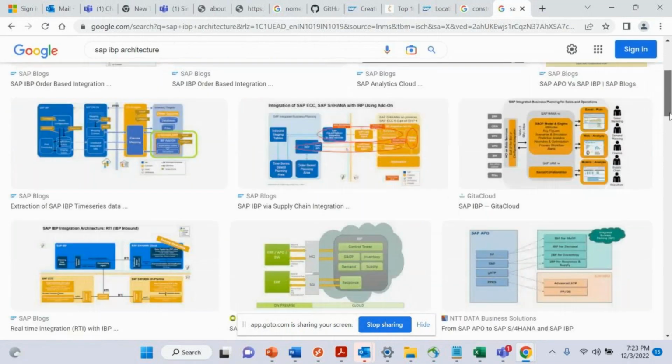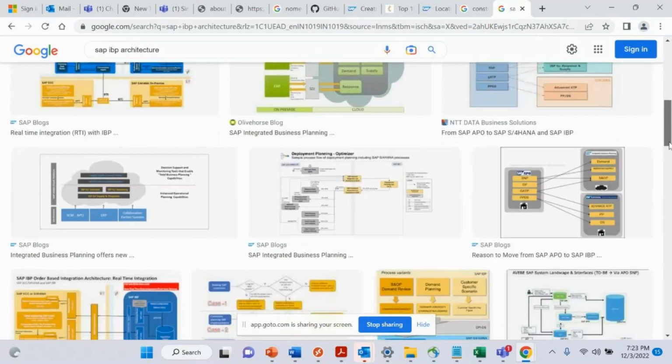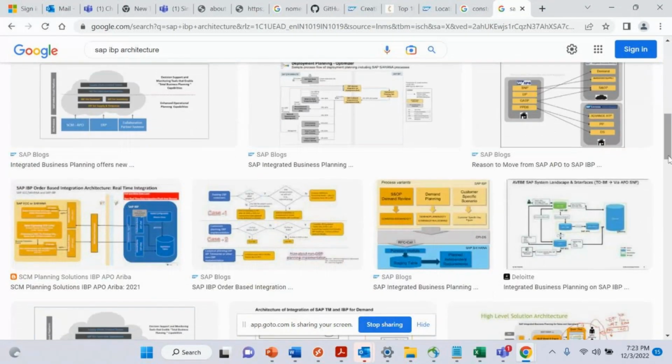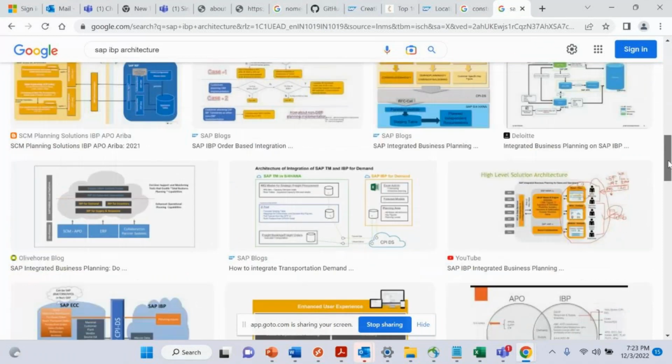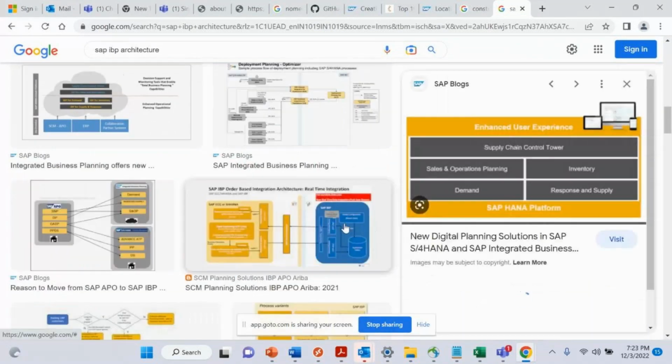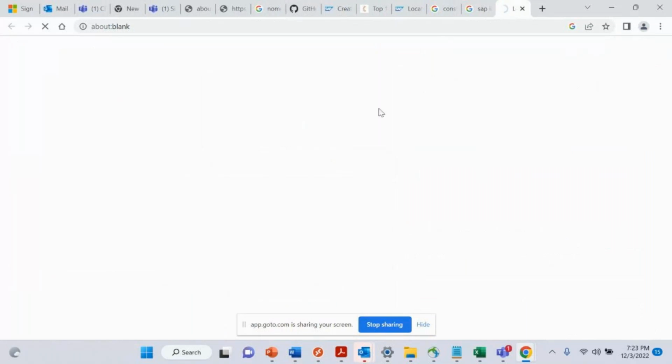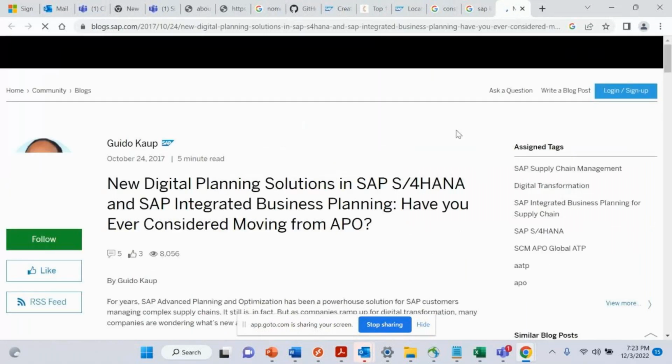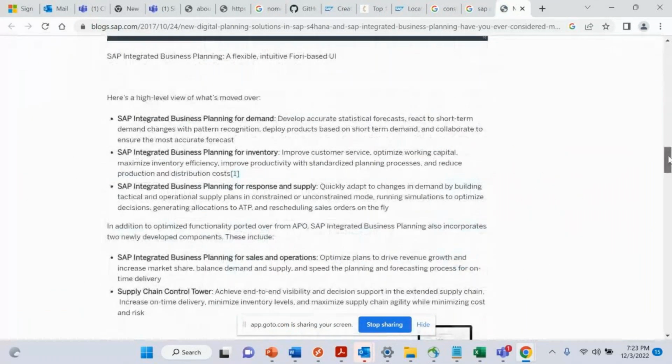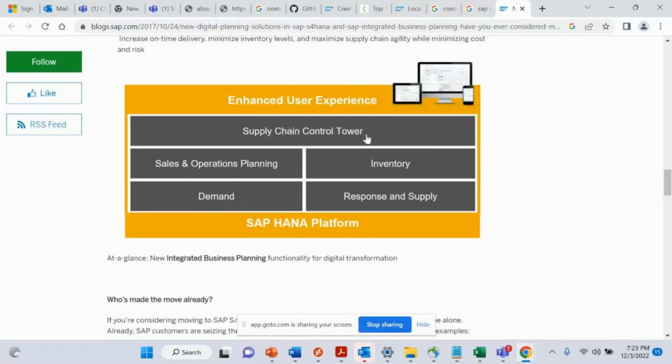Let me scroll down to the best architecture that we have inbuilt in this IBP. Consider this picture, it is one of the good features of SAP IBP, showing what this tool is capable of.